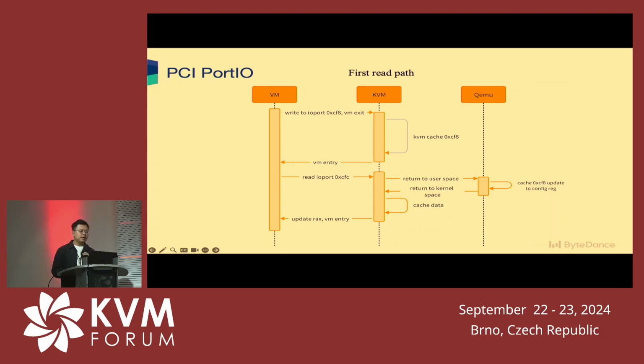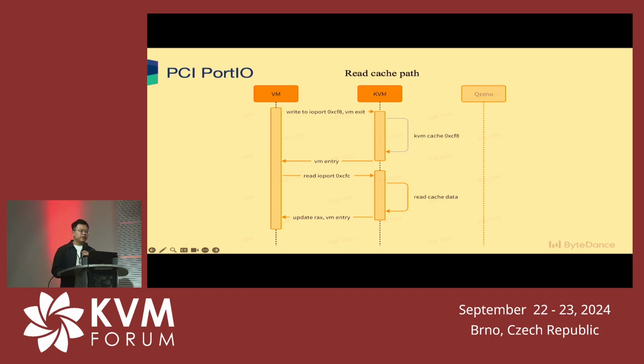For the first PCI config read, we cache the CF8 write as a key in KVM, and the CFC read needs to do another two steps. One is to update the CF8 key to QEMU. Another is to cache the real value in KVM with the key. After that, we cache the BDF with offset and the corresponding data in KVM as key value pairs.